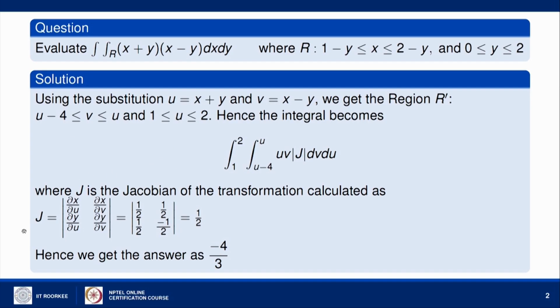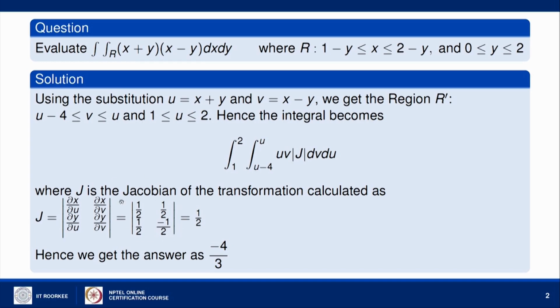When I calculate the Jacobian, it is given as: del x over del u, del x over del v, del y over del u, del y over del v. Here del x over del u becomes 1 by 2 because x will simply become u plus v by 2 and y will become u minus v by 2, which we get from these two transformations. So del x over del u is 1 by 2, del x over del v is 1 by 2, del y over del u is 1 by 2 and del y over del v is minus 1 by 2.